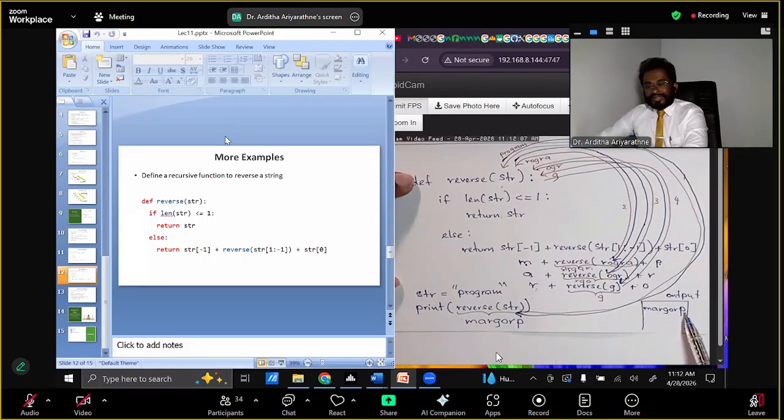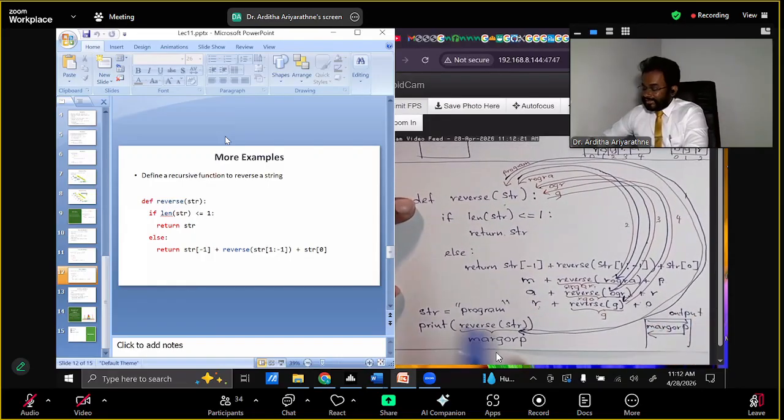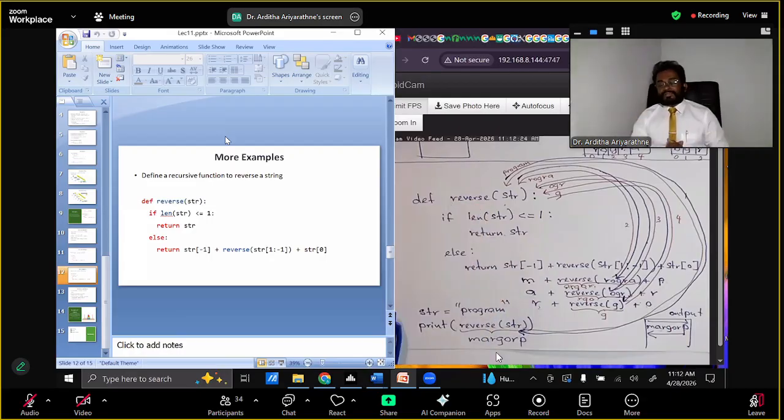Starting from here, you can see that PROGRAM for this side program. Now this side, it's reversed. MARGORP, right? So this is how we can use the recursion process for reversing letters. The reversing words. Right. Have you got that?